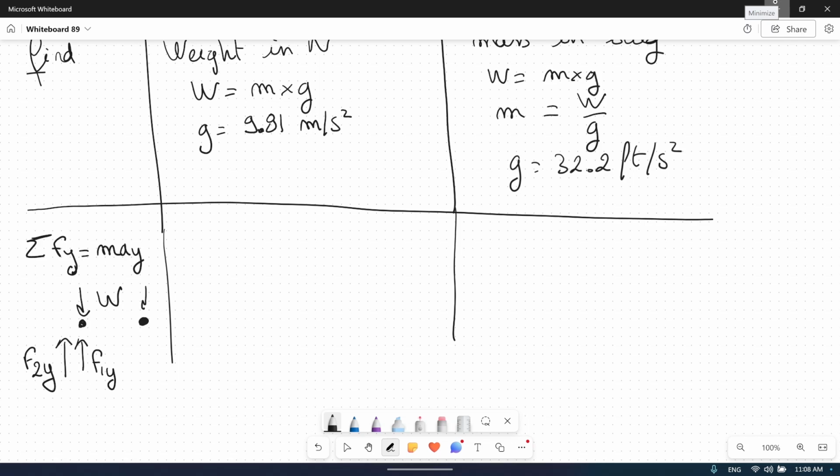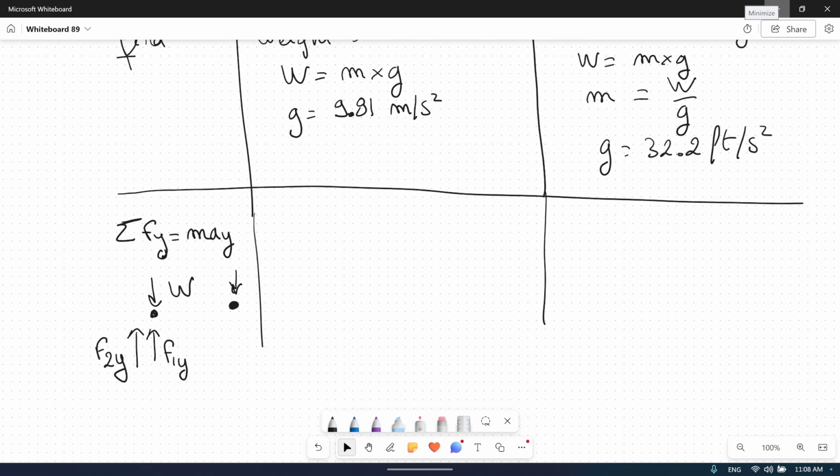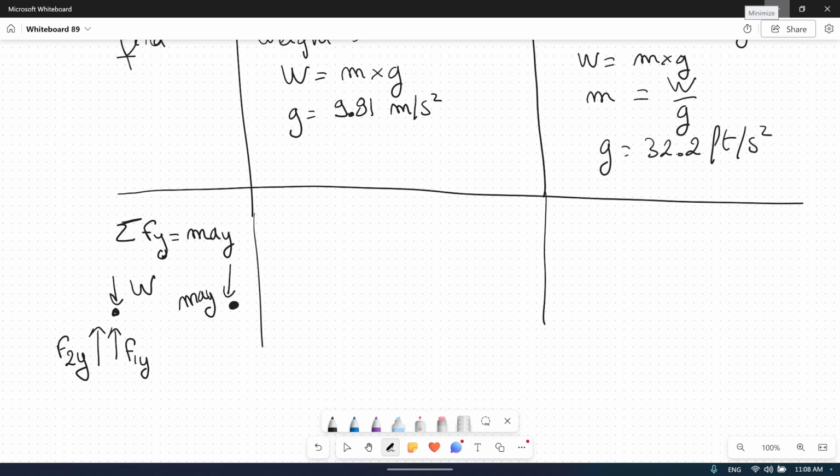Let's put the acceleration in that direction, M A_Y. Okay, we have our equation. I will put my axis Y up, so we have F1Y plus F2Y minus W equals minus M A_Y.